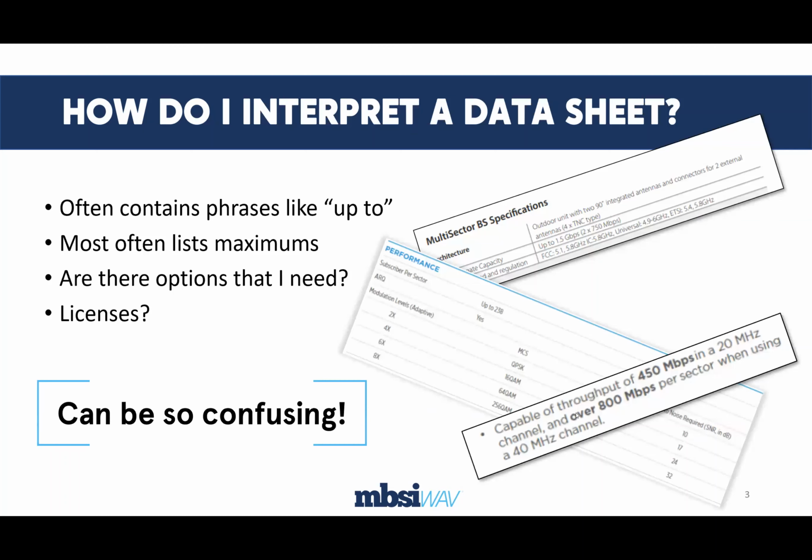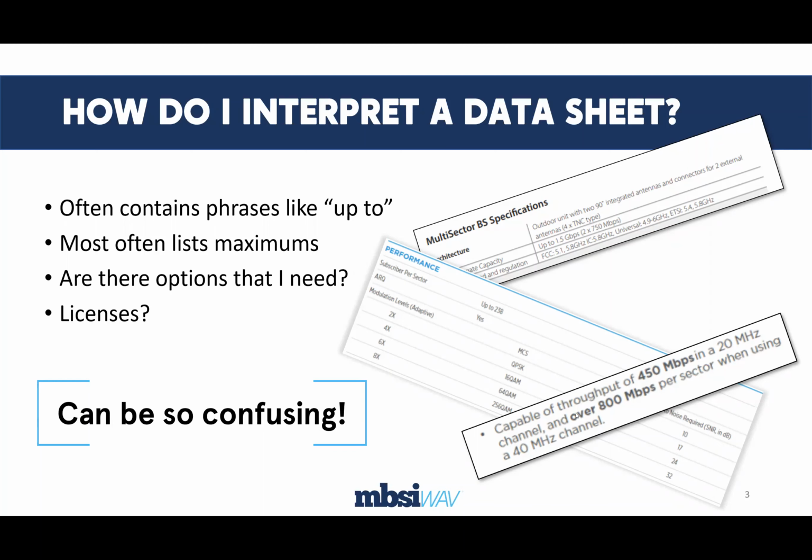All right. How do I interpret a data sheet? Often it contains phrases like "up to," and often lists the maximum, right? So if a system can go 75 miles and it can do 75 megabits, then the spec sheet says it goes 75 miles and 75 megabits.